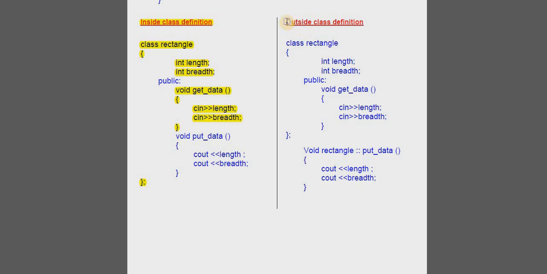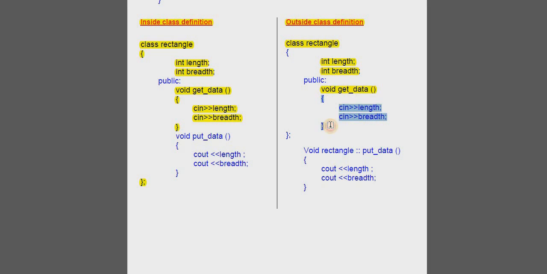अभी इधर देख लो, outside class. So in outside class definition, same: this is class name rectangle, this is data members or member data, and this is member function void get data. So get data is a member function.